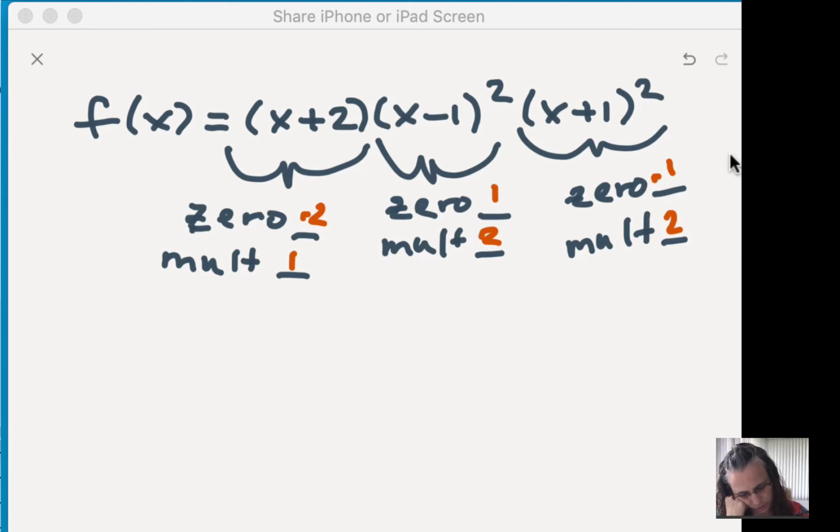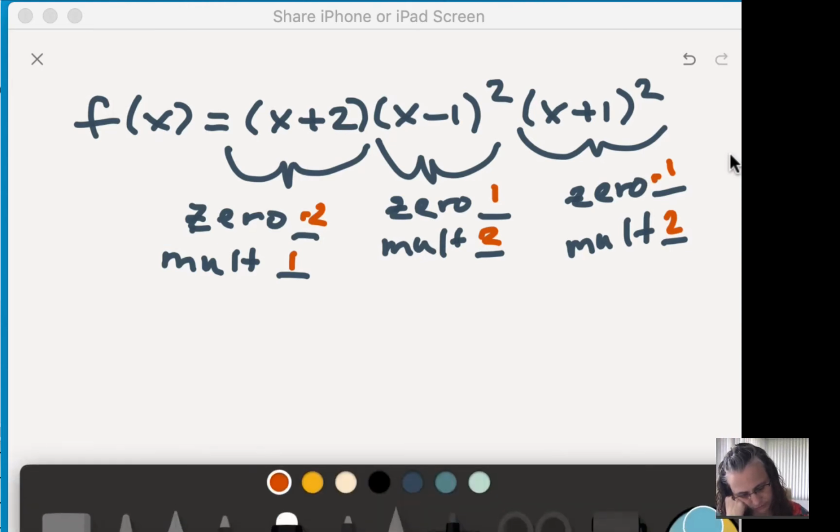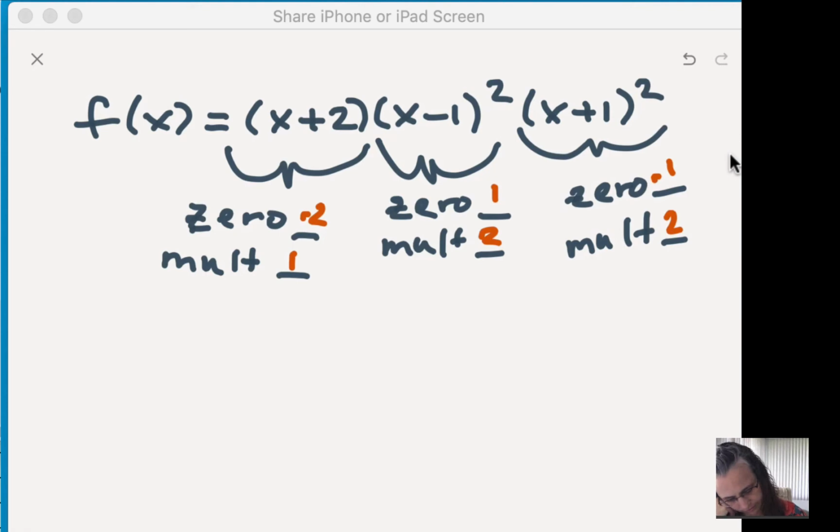So we know that, I'll go ahead and just draw this. Here I have an x-intercept at -2, and I could have two different pictures. Here I have an x-intercept at 1, with two possible pictures.